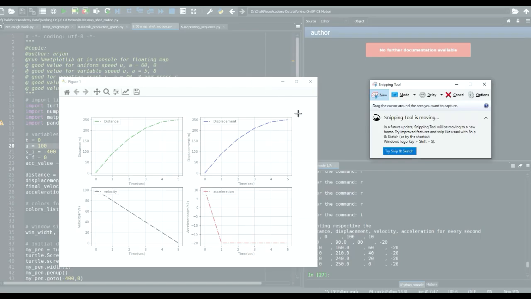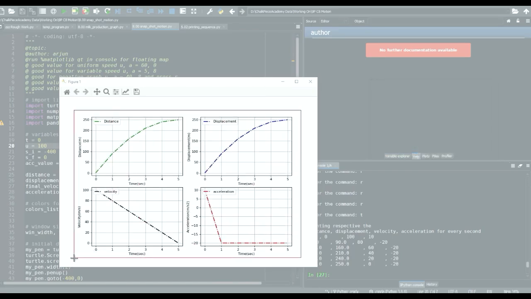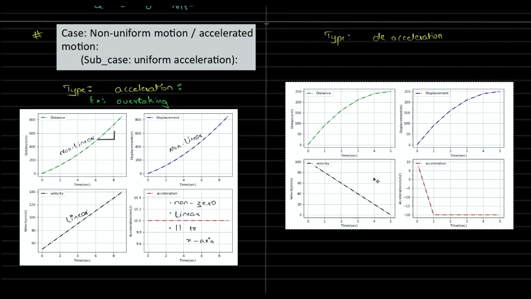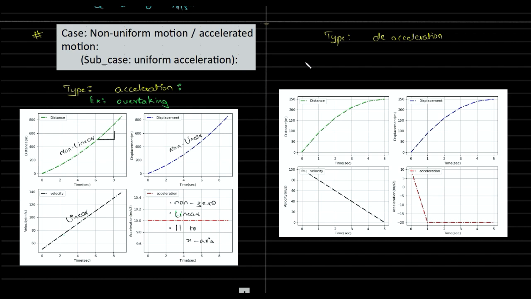So basically you're putting on the brakes. Right?